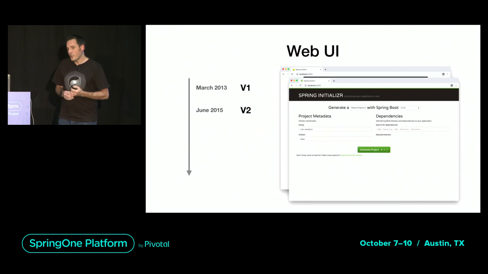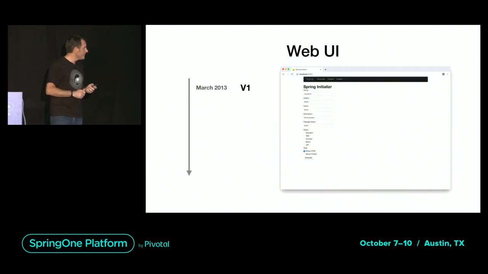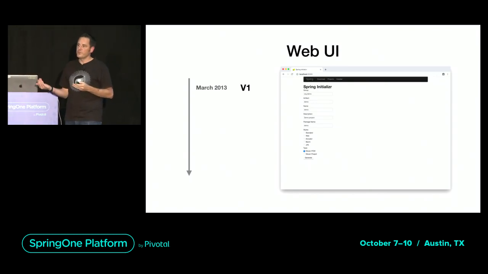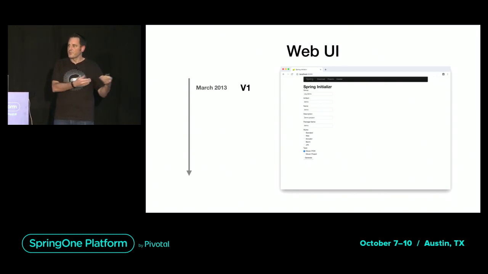Then 2 years later, we went with V2. And if you look at the difference, well, there's obviously certain differences, but one thing I would like you to focus on is the list of dependencies. So you only see 5 of them in this screenshot because that was the first commit. But once the project evolved and Spring Boot also evolved quite a lot, we had more and more starters. So it's more and more checkboxes.